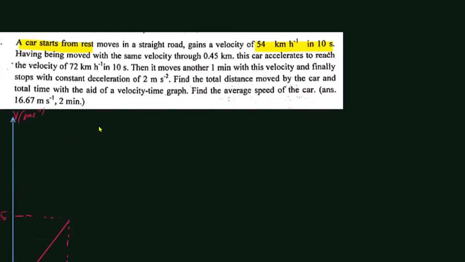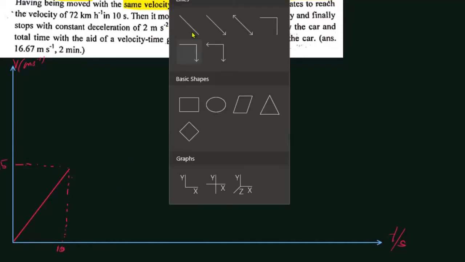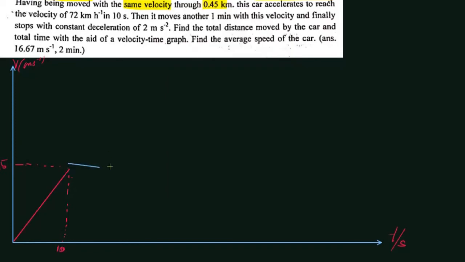Now they're saying, having moved with the same velocity through 0.5 kilometers, which means they are moving with the same velocity for a further 450 meters.